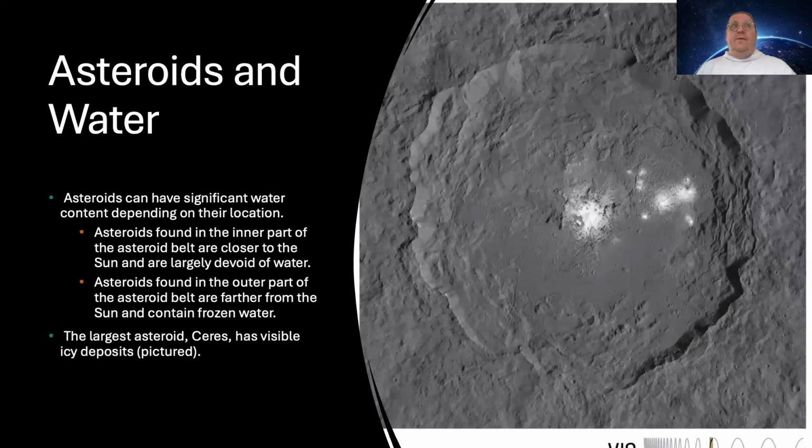Now, observations don't exactly match prediction. We have a pretty good idea of what the water looks like on the Earth. Water can change depending on the isotopes of the elements.